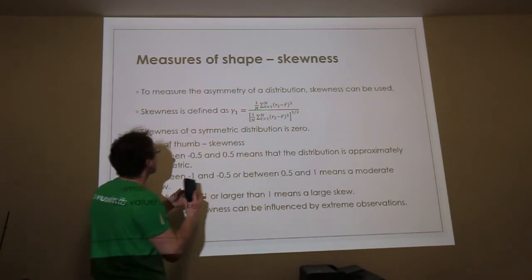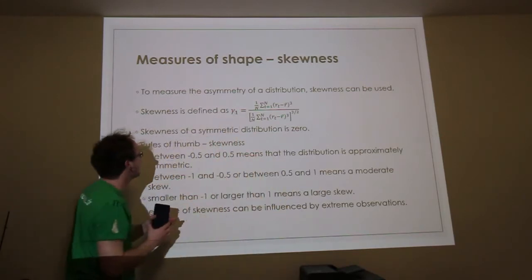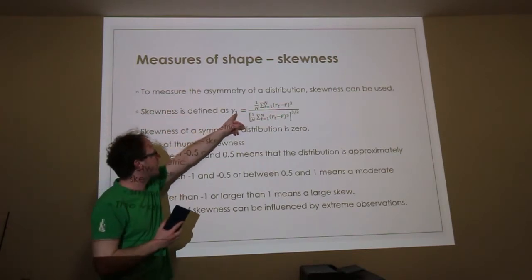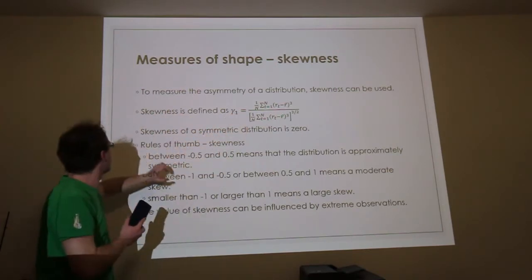Yes, so this is a statistic. Yes, skewness is a statistic denoted like gamma 1.